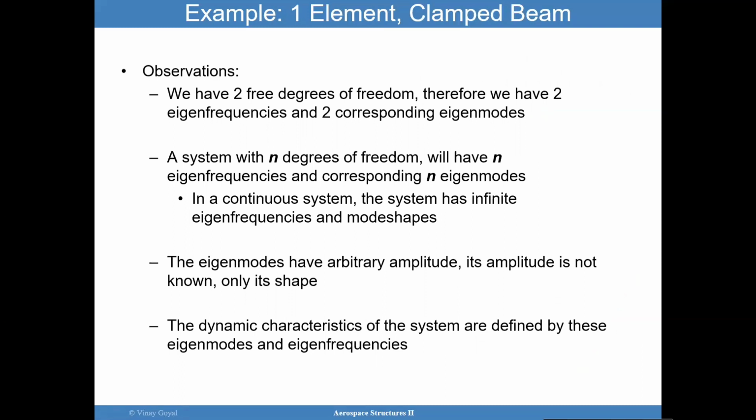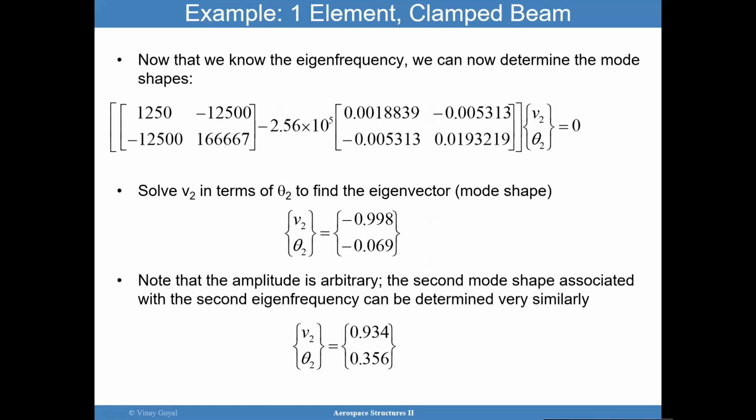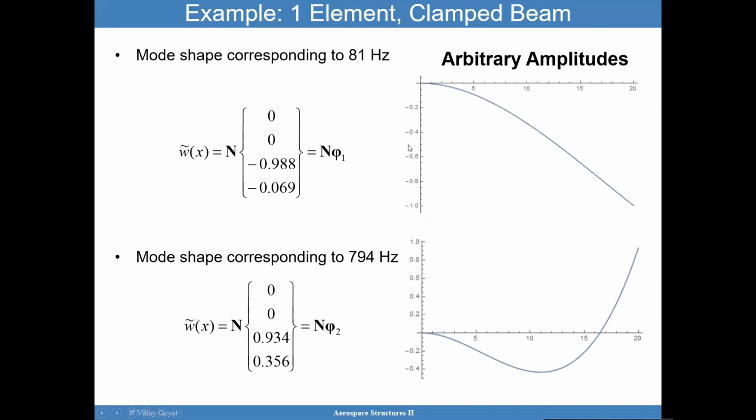And the dynamic characteristics of the system are defined by these eigenmodes and eigenfrequencies. Again, there's no way I can calculate V2 and theta 2 in an absolute way. So I'm stuck at just finding something that can be plugged in and that relates V2 and theta 2. So the amplitudes are basically arbitrary.